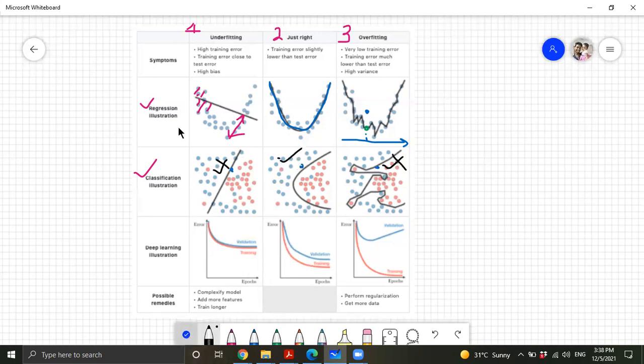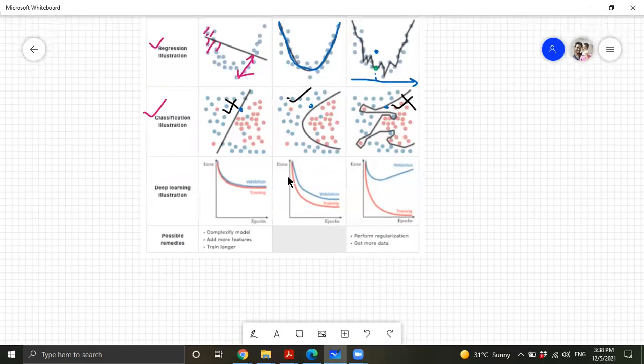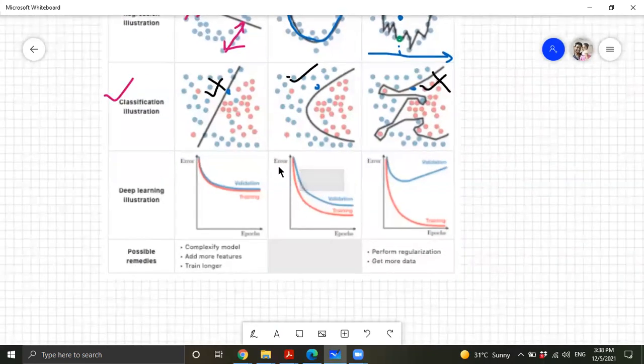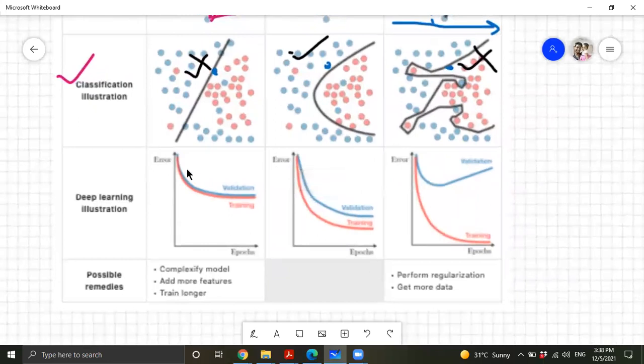Okay. So that's in machine learning, and also in deep learning, you could see, in the initial stage, the training and validation error will be high, right? When you start to train, that means you are increasing the epochs. So when you increase the epochs, what will happen?